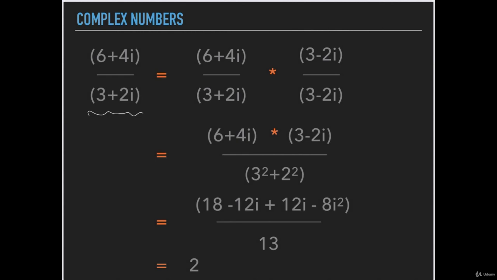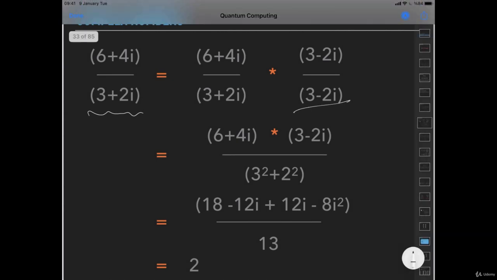So I'm going to do exactly the same thing that I have done over here. I'm going to multiply it by 3 minus 2i. Of course, so as not to make things wrong, I'm going to multiply the upper side as well. The lower part will result in 13. But what about the upper part?